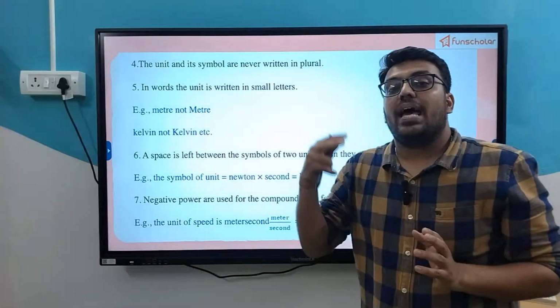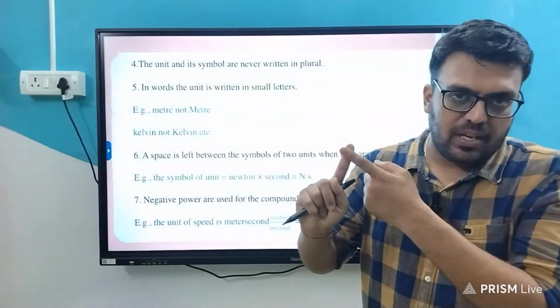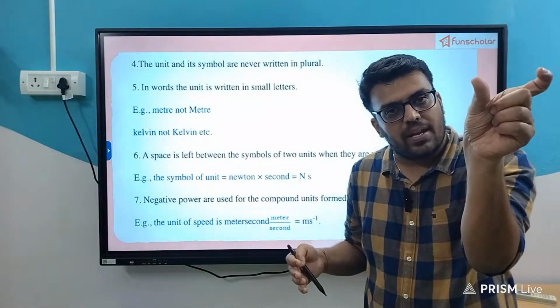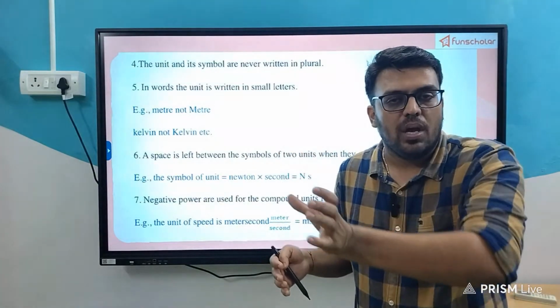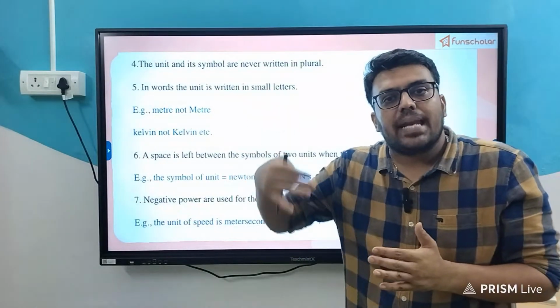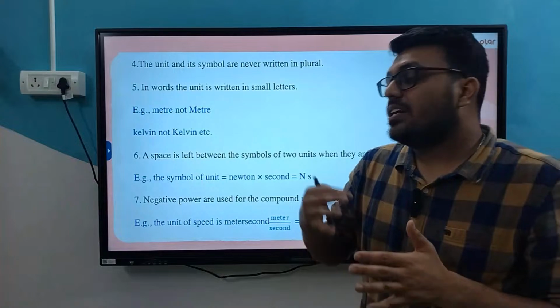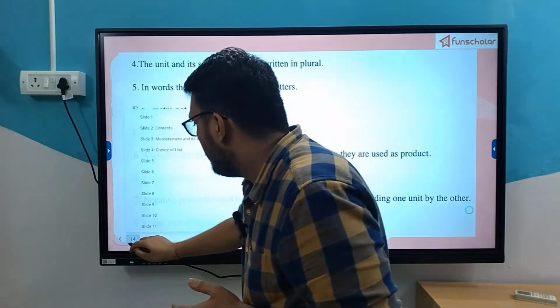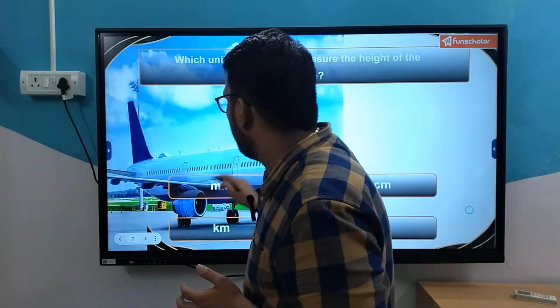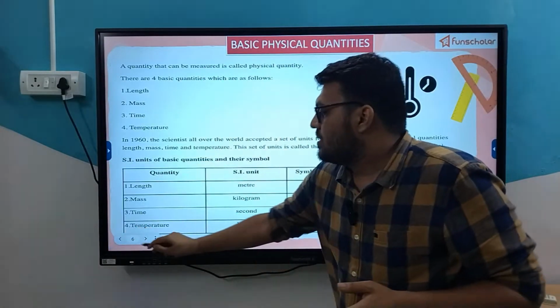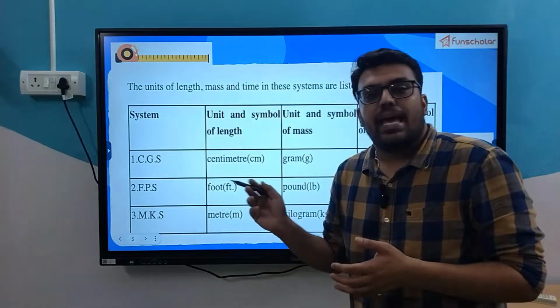It has two components, the numerical figure and the unit. In 5 kg, 5 is the numerical figure, also known as magnitude, and the unit is kg, gram, or whichever you want to express in. There were different systems of units like CGS, FPS, MKS.